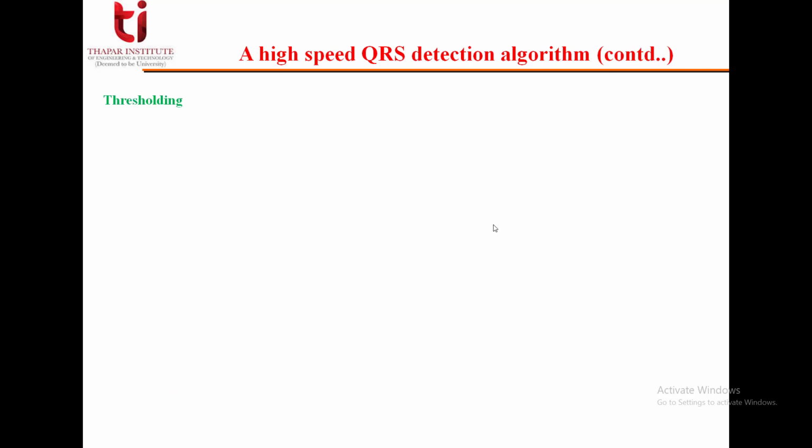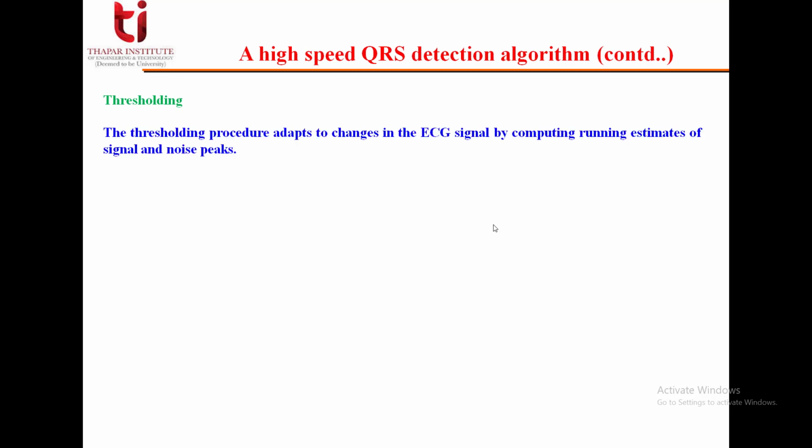So we have to choose a particular threshold to check whether that is a peak due to signal or noise. For this, we are adopting a thresholding procedure to find the changes in the ECG signal by computing running estimates of the signal and noise peaks.